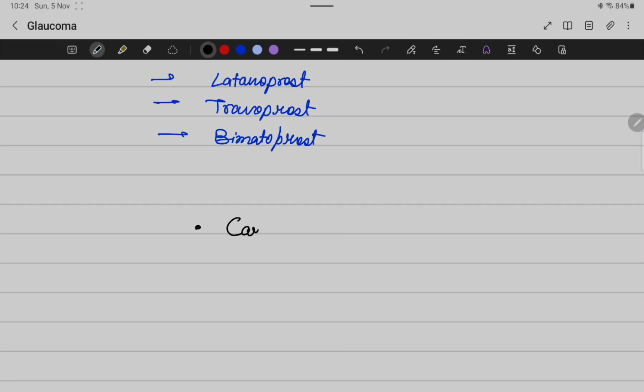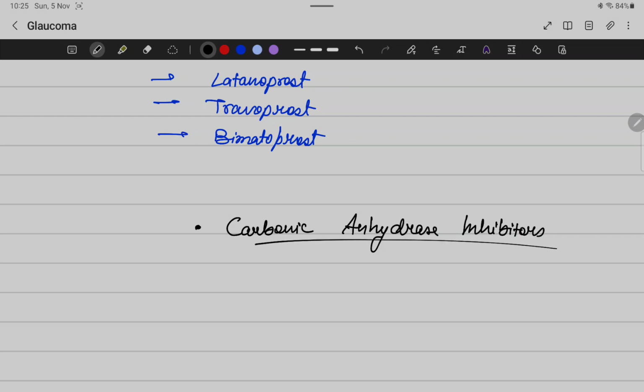Next category is carbonic anhydrase inhibitors. Carbonic anhydrase inhibitors include the drugs dorzolamide and brinzolamide.